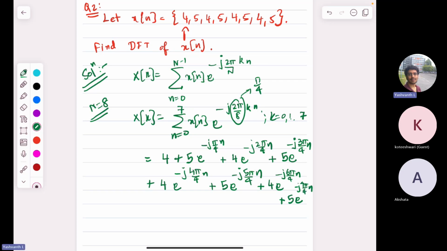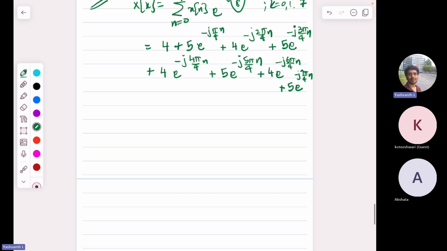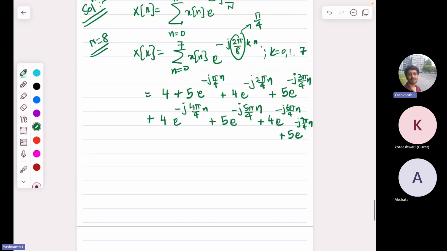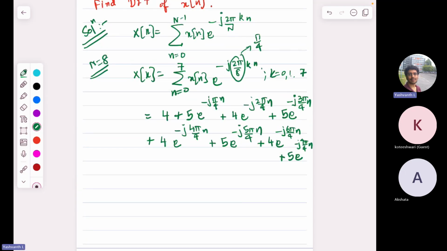Okay, now what do we have? Basically, if you look at this, what is e power minus j 5 pi by 4n? You should write it as pi plus pi by 4. Correct?